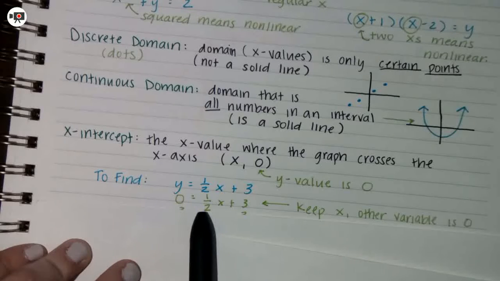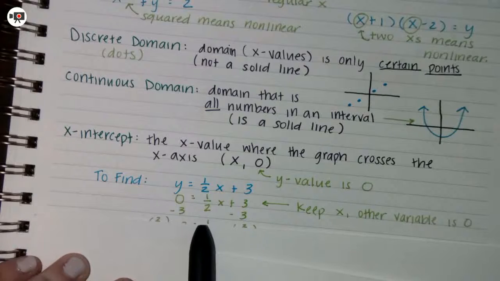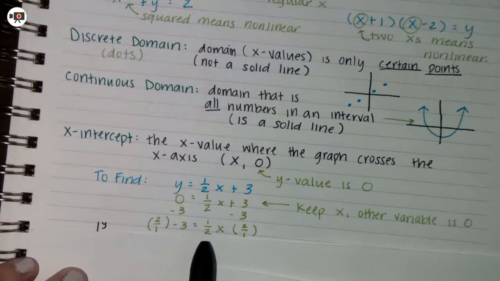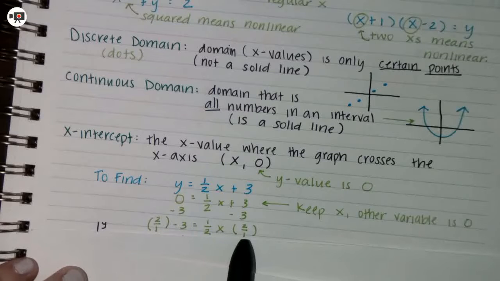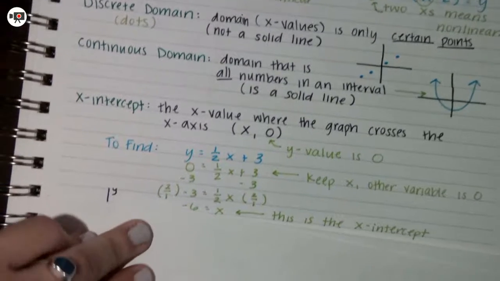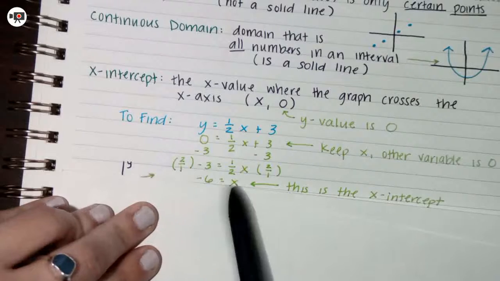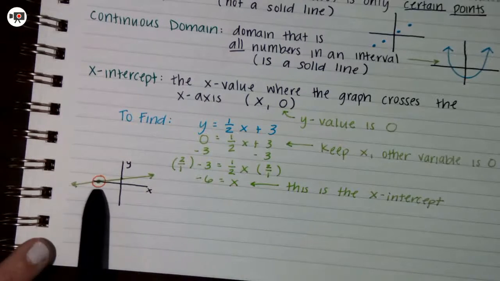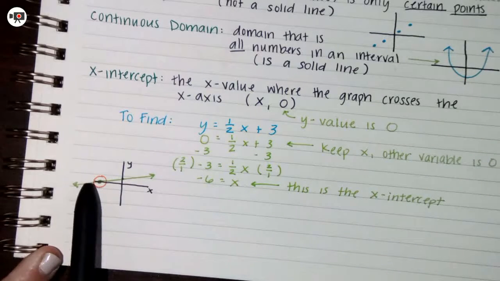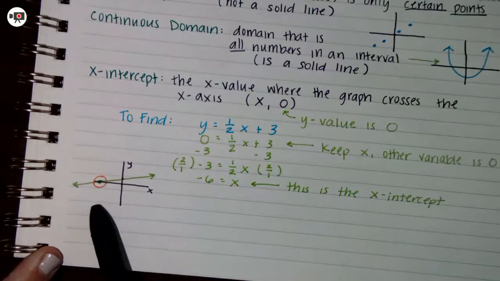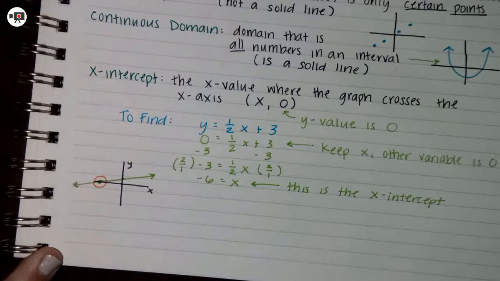I only have one variable at this point, so I'm going to solve for that. So I subtract 3, and then to divide by this fraction of 1/2, you multiply by the reciprocal, so you flip it and multiply. Then I get x equals negative 6. That is the x-intercept. And on my graph, it would be this point where it crosses the x-axis way out here. My y value is 0. I don't go up any to graph it. It's just on the x-axis.